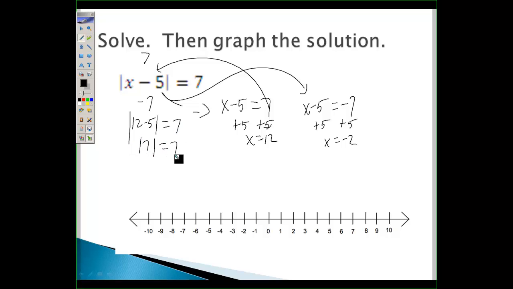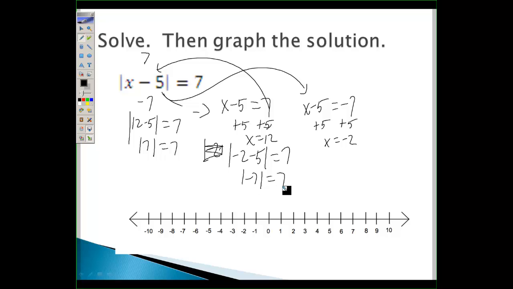And turns out the absolute value of 7 is 7. If I plug in -2 for x, the absolute value of -7 is also equal to 7. So all right, our method works. We have two solutions. What I had to do is separate the absolute value into two equations.